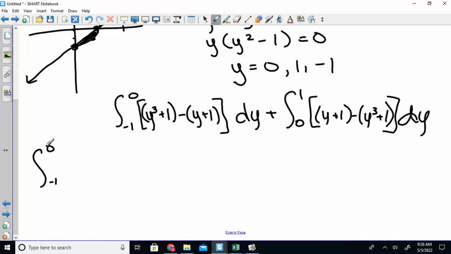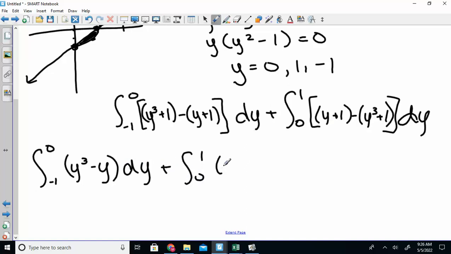My suggestion, before you try to integrate, simplify things. What happens when I distribute this negative? What happens to those 1s? They cancel, so we just have y cubed minus y. And this way it would be y minus y cubed.